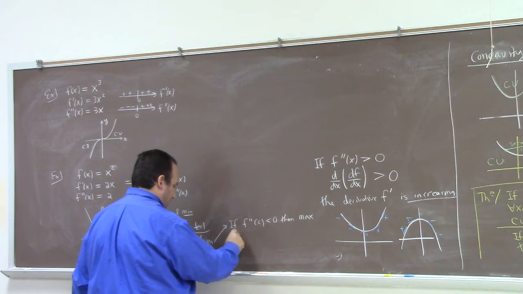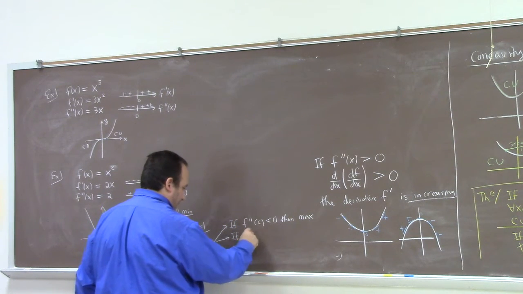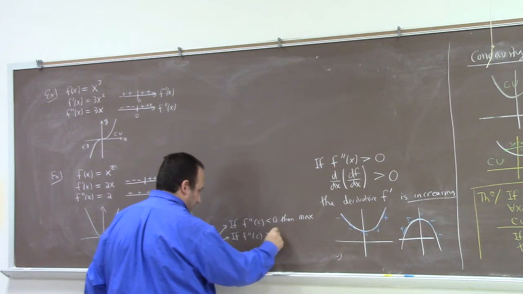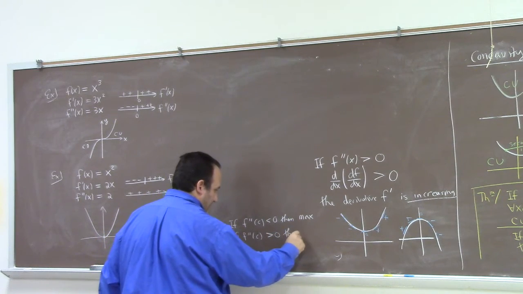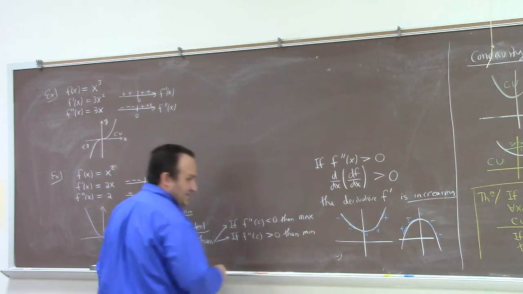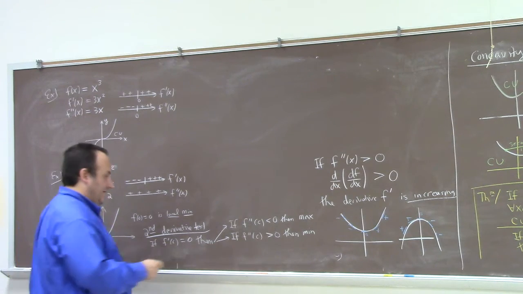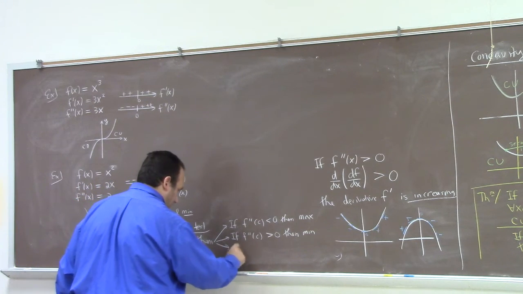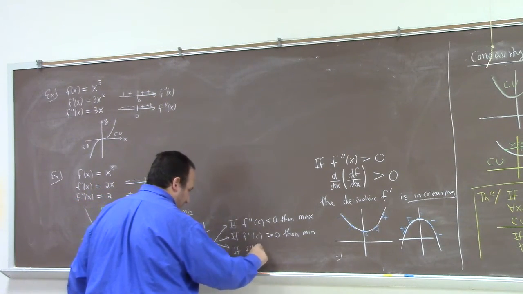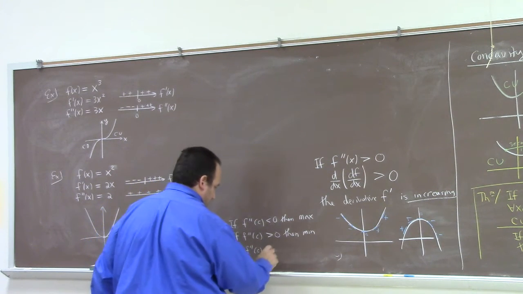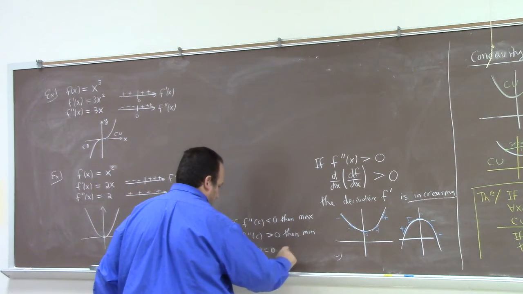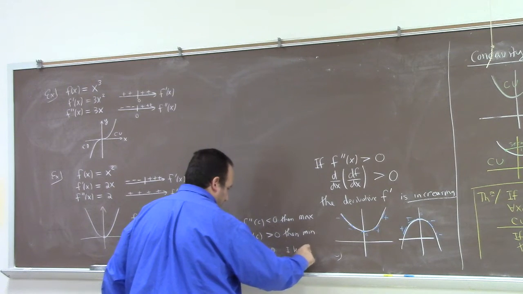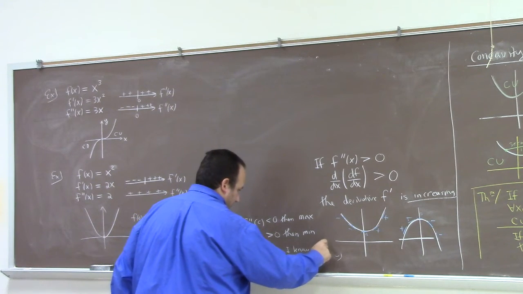If, on the other hand, f prime prime of c is greater than 0, then min. I'm being a little bit glib in my speaking here, yeah? And if f prime prime of c equals 0, I know nothing. So no comment.